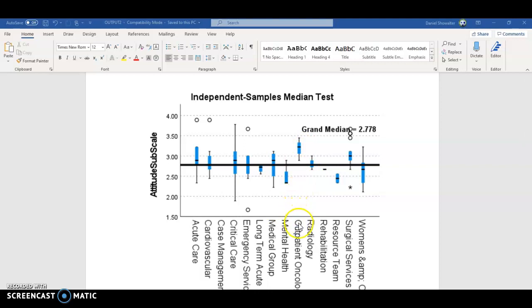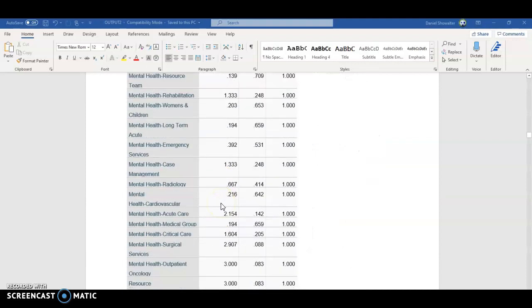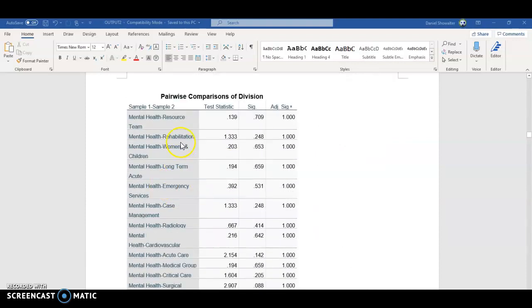So, for example, because the outpatient oncology attitude is consistently higher than the resource team's attitude, we know that there's at least some differences here in attitude. So the null hypothesis would be that all the medians are the same. Alternative is that there's at least some differences. And you can see that probably between outpatient oncology and resource team, maybe between radiology as well, or maybe between resource team and surgical services.